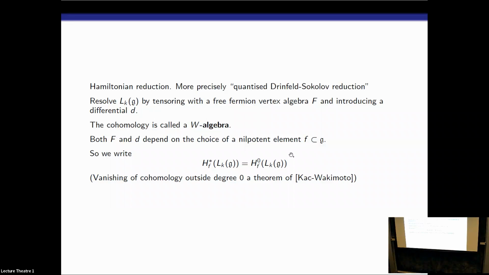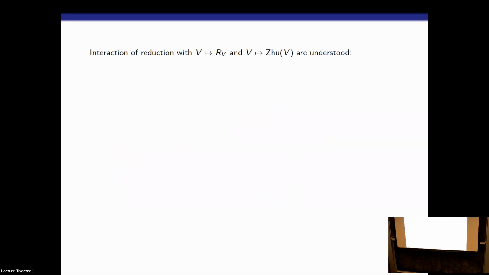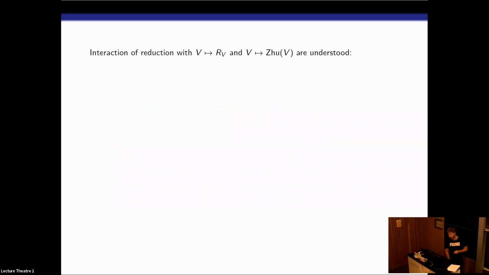And then it's a theorem that this cohomology is concentrated in degree 0. So this is what I'll mean when I refer to a W-algebra. It's this cohomology. The interaction of this Hamiltonian reduction with these functors is well understood as well.